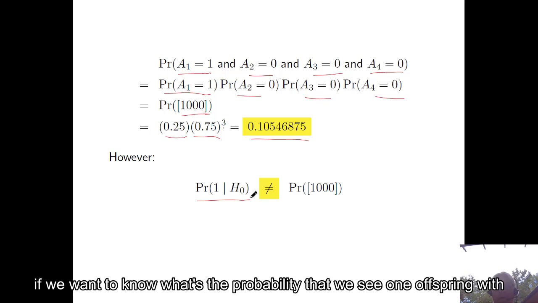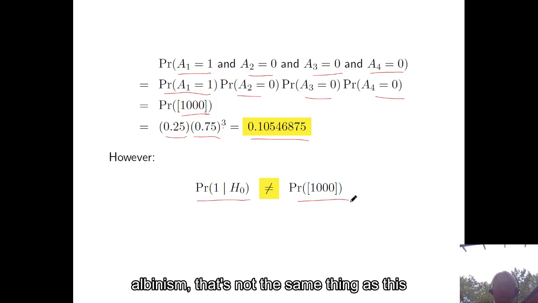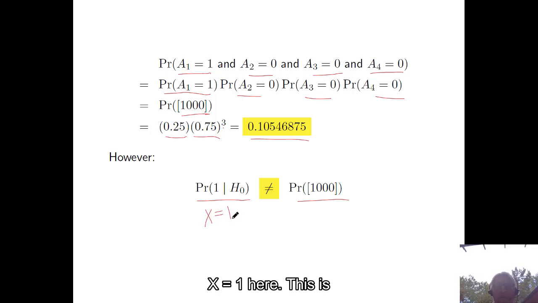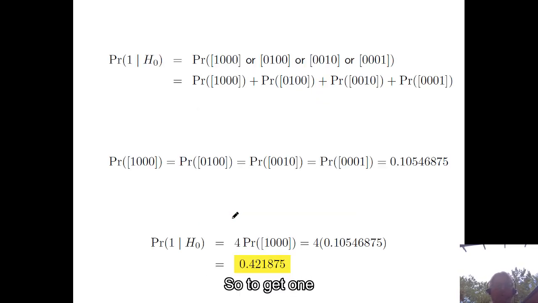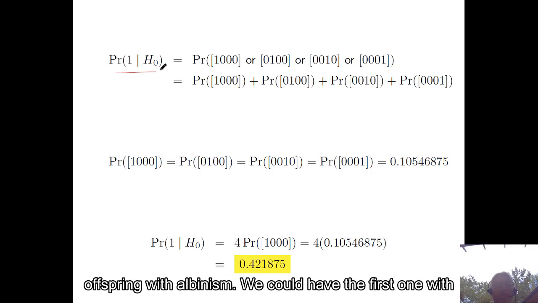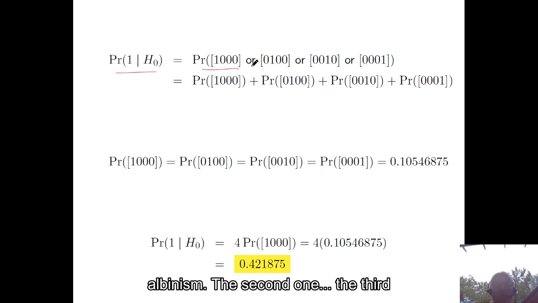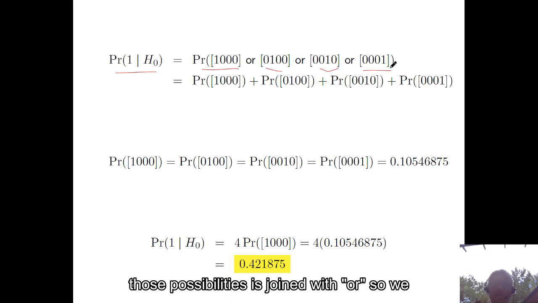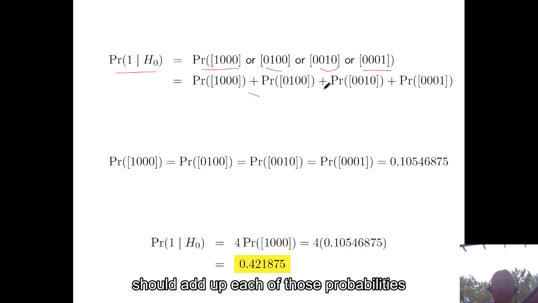Okay, but the crucial thing to realize is if we want to know what's the probability that we see one offspring with albinism, that's not the same thing as this probability that we just calculated, right? Because we've seen this before in the probability chapter, there are more than one ways of having x equals 1 here. This is just one possibility. So to get one offspring with albinism, we could have the first one with albinism, the second one, the third one, or the fourth one. So each of those possibilities is joined with or, so we should add up each of those probabilities.